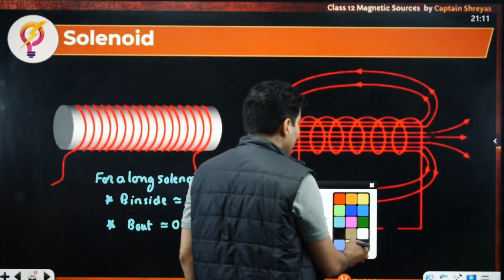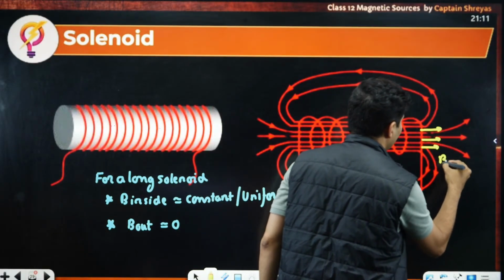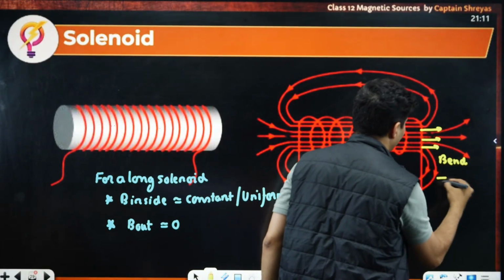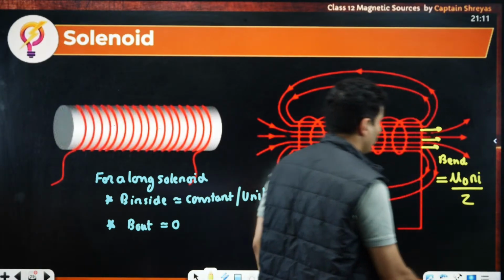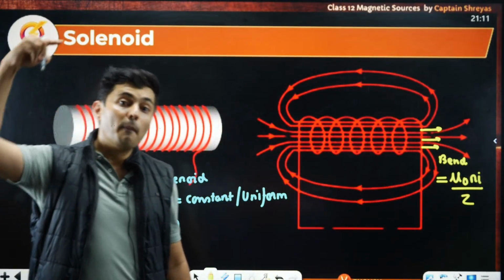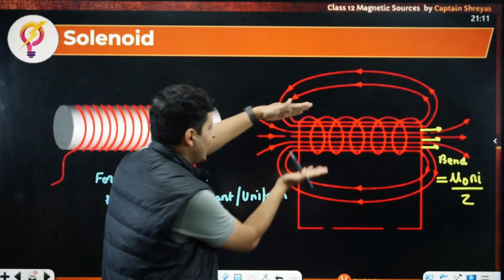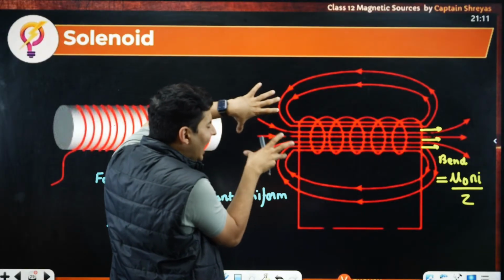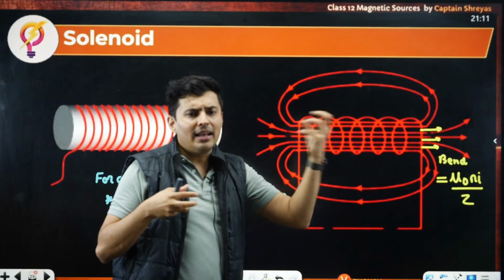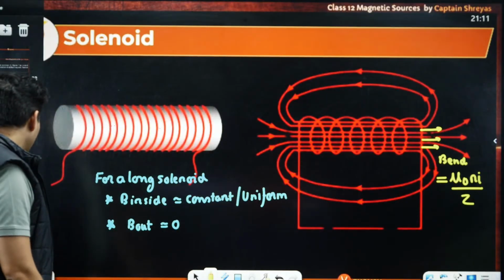So near the end of the solenoid the magnetic field is mu naught n I by 2, half of what is there inside, because as you can see, the field lines slowly start to spread out, which makes it slightly weaker than inside. So this is another thing which you should know.